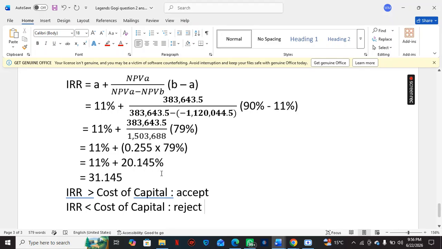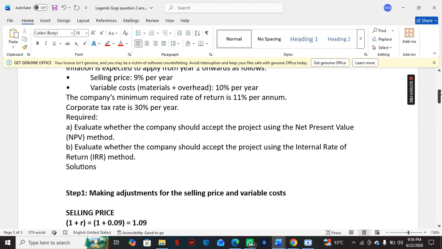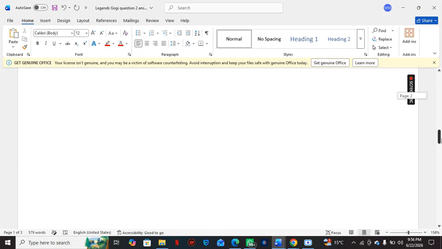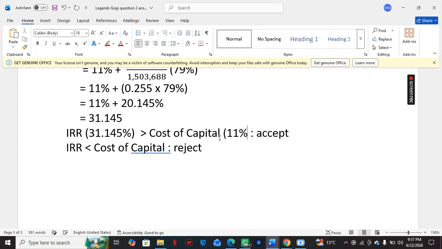Here the cost of capital was given as the minimum required rate of return. From the investor side, that's the minimum return they want; from the company side, it is the cost of capital. So this 31.5% is greater than the 11%, so we accept the project.